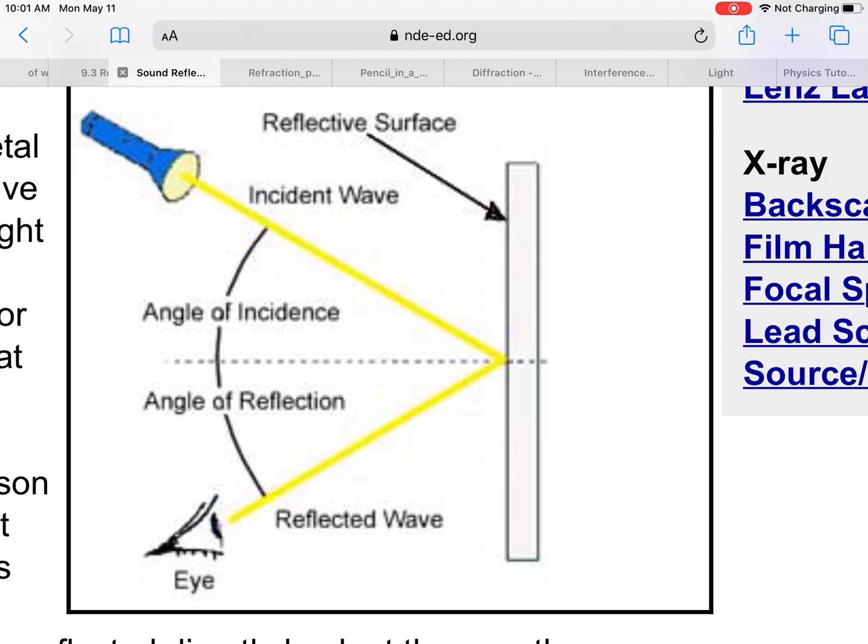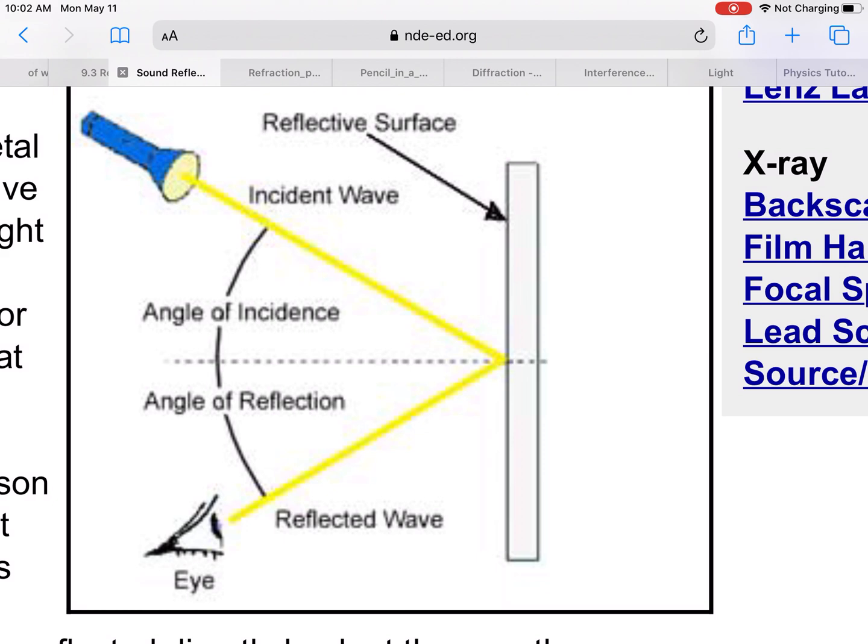And then we have an angle, or two angles actually. We have an angle of incidence, and that is the angle between the normal of the barrier and the incident ray. And then we have the angle of reflection, which is the angle between the normal of the barrier and the reflected ray.